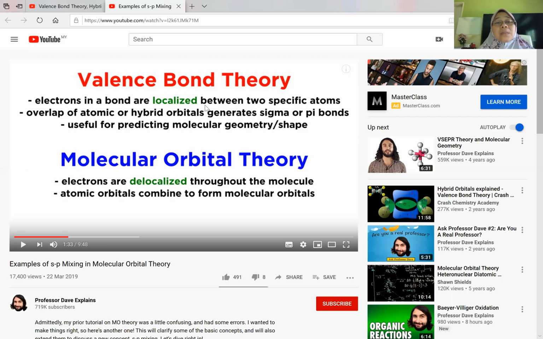Another thing we have to remember is that valence bond theory only involves valence electrons, okay? For molecular orbital theory, the theory does not view things in terms of atomic orbitals. It views the molecule or the compound in the form of molecular orbitals.